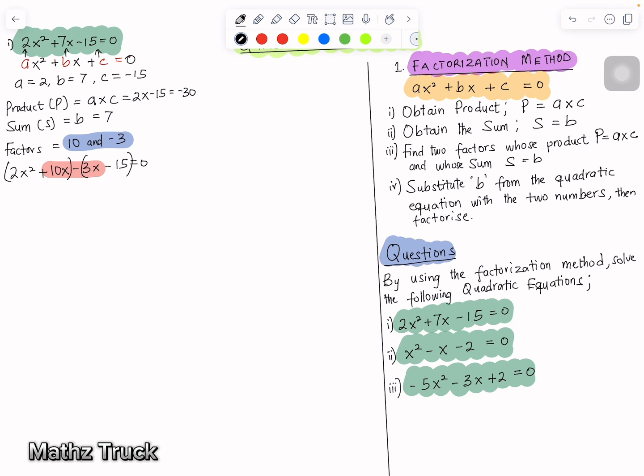Now you can factorize them out by writing 2x into bracket x plus 5, simply because 2x times x gives you 2x squared, 2x times 5 gives you 10x, minus, now you can bring the 3 out into bracket. You can factorize the same thing.